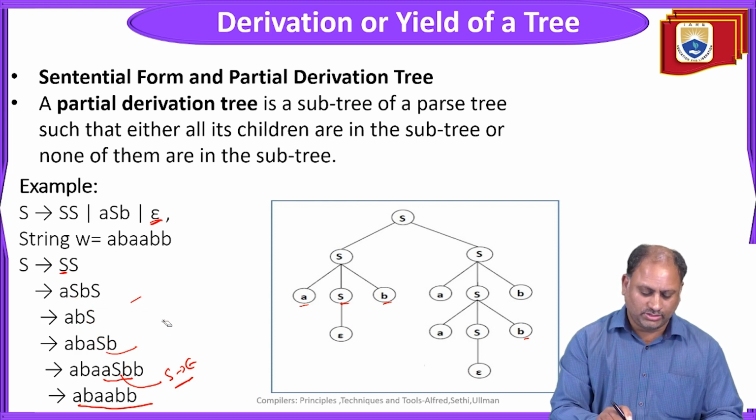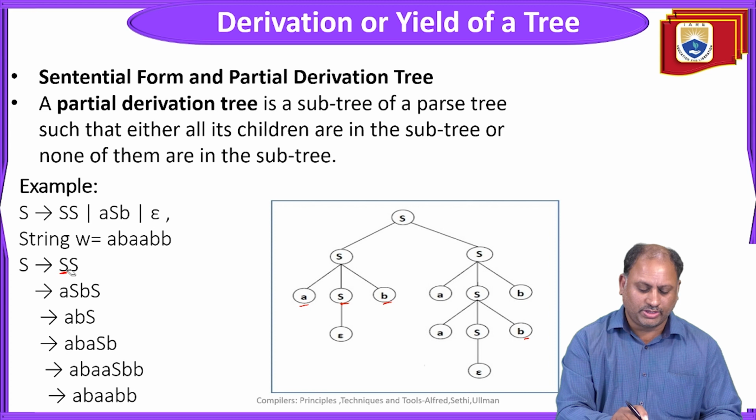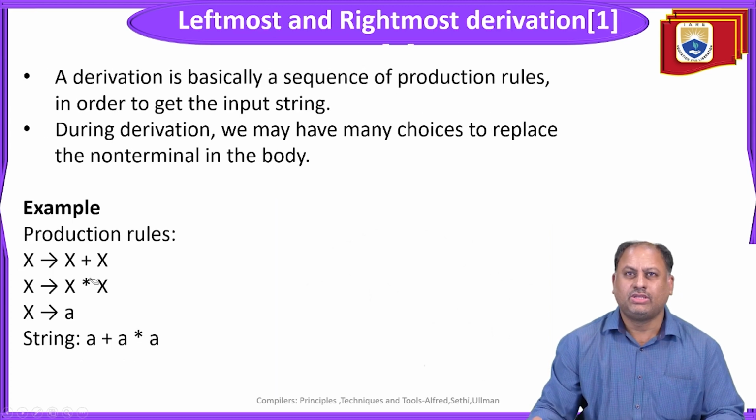In these derivations, we may apply either leftmost or rightmost. Sometimes the derivation tree moves from left to right, and sometimes we move from right to left. So it is basically a sequence of production rules in order to get the resultant input string.